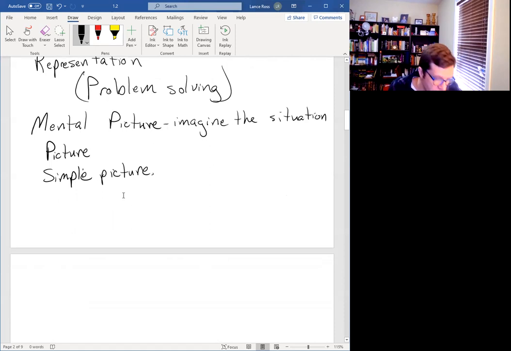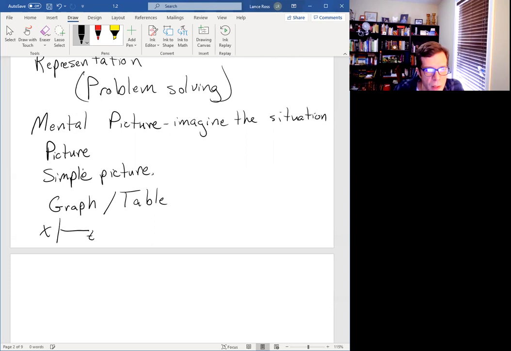The next step there, you might do a graph. This might depend on what you're working on, right? If you've watched some of the other videos, I did a lot of motion graphs where I graphed position versus time, and velocity versus time, and acceleration versus time for several different situations. You might also be interested in a table just to organize your information.